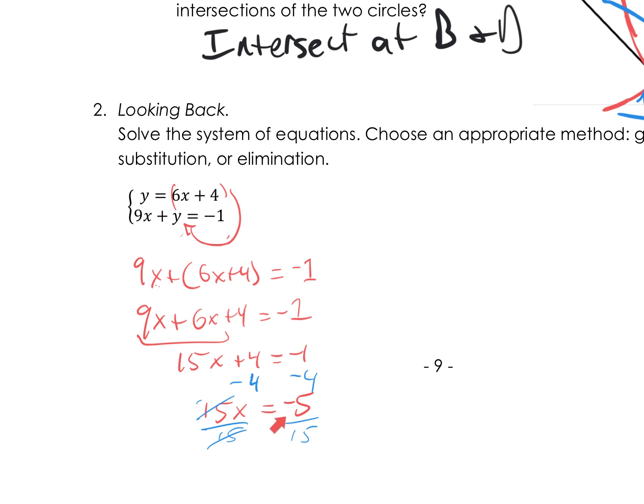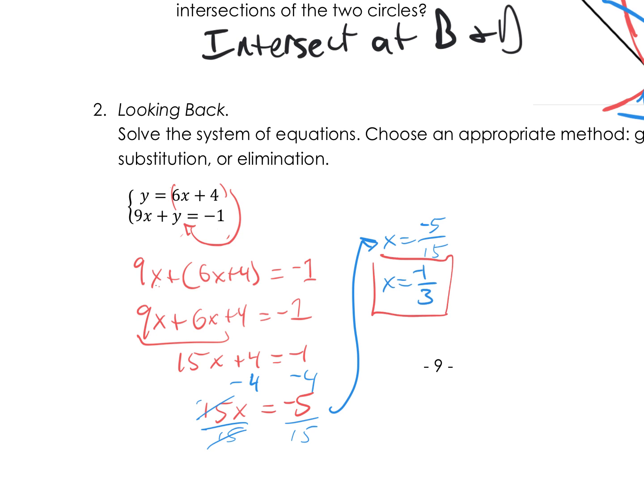Negative 5 divided by 15 is negative 5/15. That is the answer. Okay, so we can say that x equals negative 5/15. But we can simplify that. We can divide the top by 5 and the bottom by 5, right? 5 goes into 5 once. 5 goes into 15 3 times. So negative 1/3. All right, are we done?